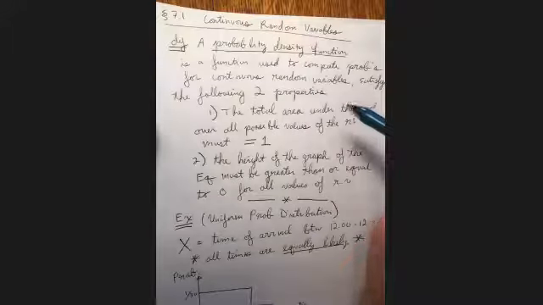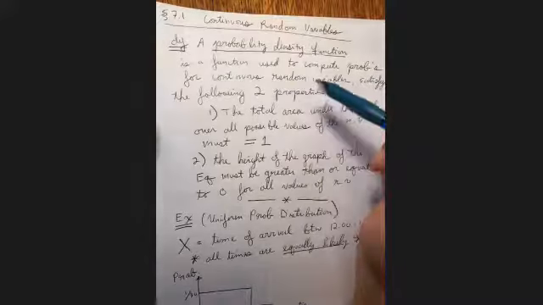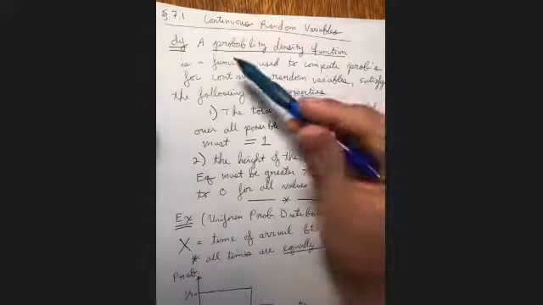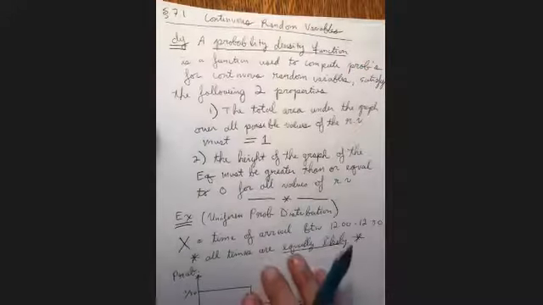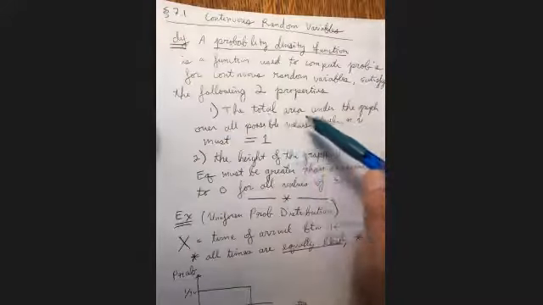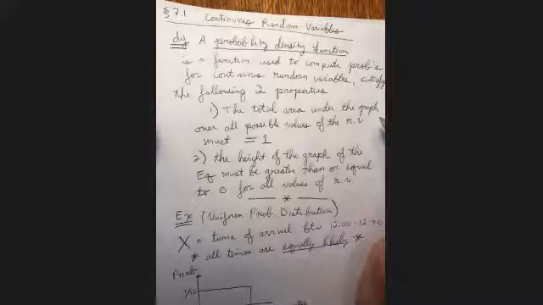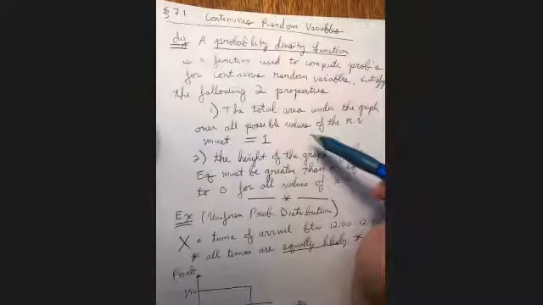everything's continuous. So just like the probability distribution function for the binomial, the probability density function for a continuous random variable has two properties, which should seem pretty familiar to you. So one of the properties is that the total area under the graph of this PDF should equal 1.